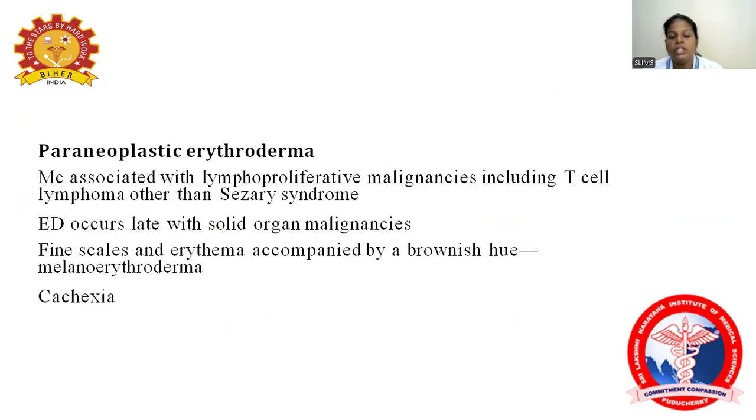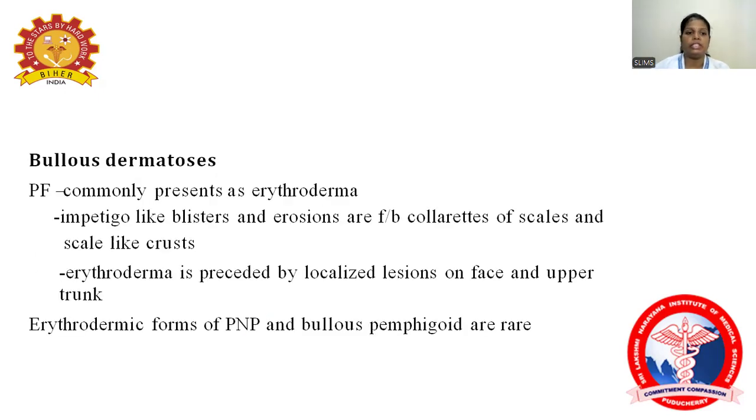Erythroderma occurs late with solid organ malignancies, which I described earlier. Fine scales and erythema accompanied by a brownish hue, so here you can see melanoerythroderma, and cachexia. The patient will become lean. That is known as cachexia due to muscle wasting.